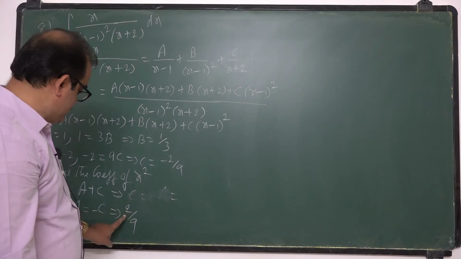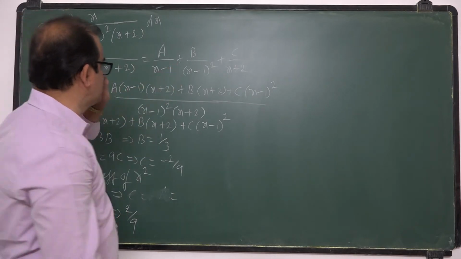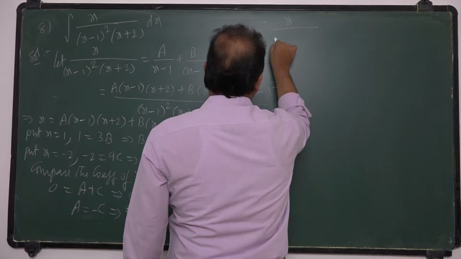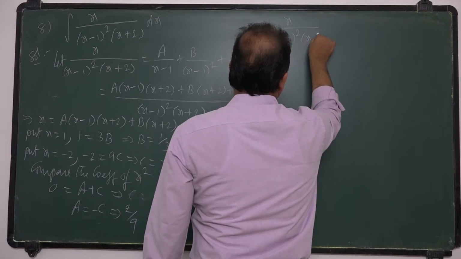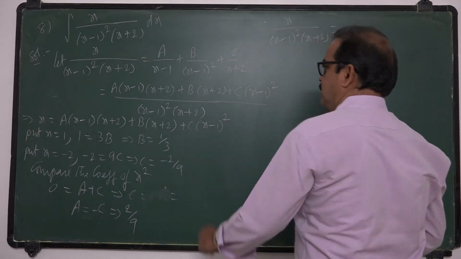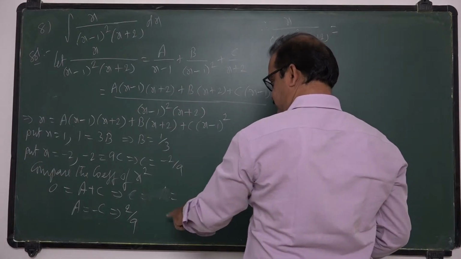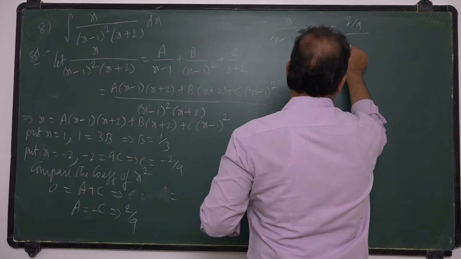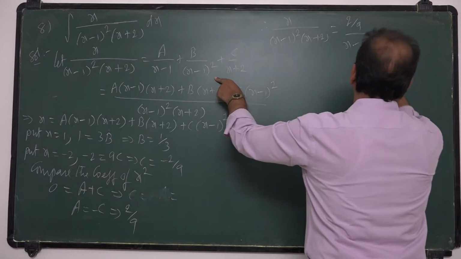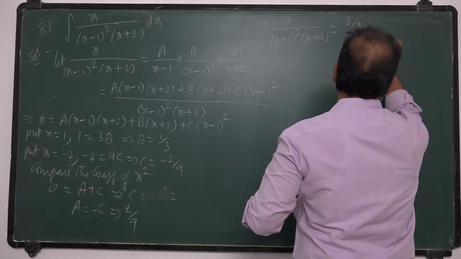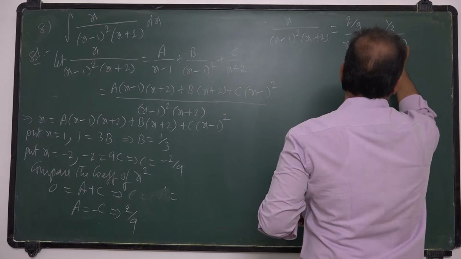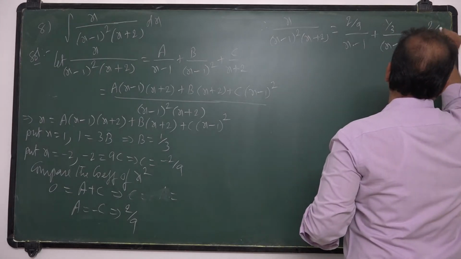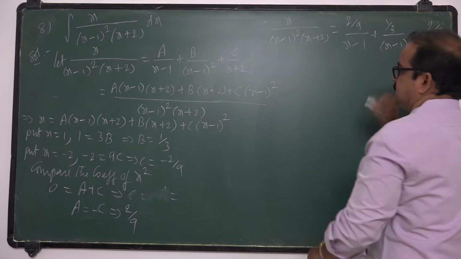Now substitute the A value, B value, C value in this equation. Therefore x by (x minus 1) whole square into (x plus 2) is equal to A by (x minus 1), where the A value is 2 by 9, so 2 by 9 by (x minus 1), plus B by (x minus 1) whole square, where the B value is 1 by 3, plus C by (x plus 2), where the C value is minus 2 by 9 by (x plus 2).